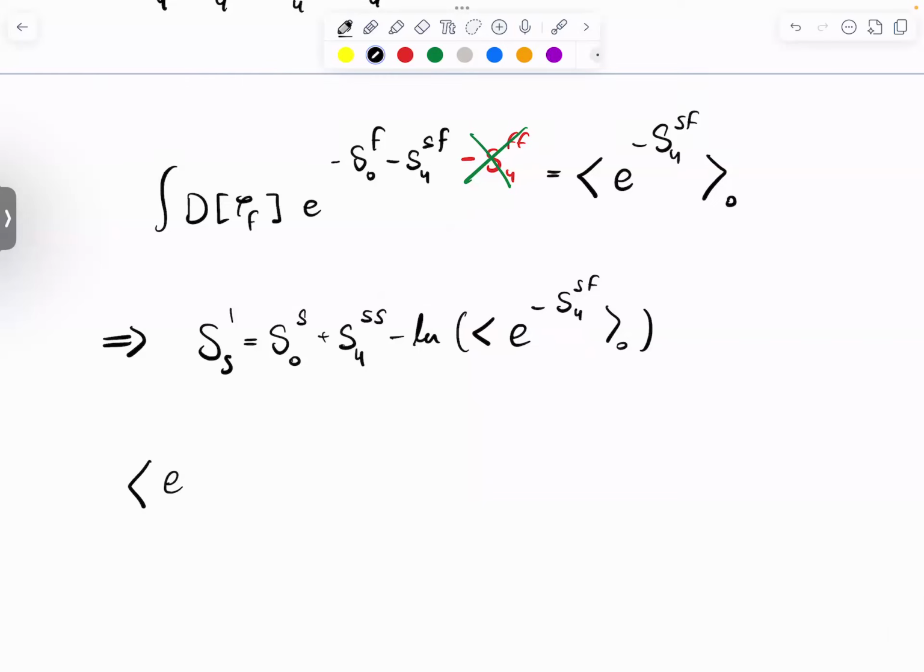Well, e to the minus S4 SF, because we're computing it within a Gaussian theory, we can use the cumulant expansion.